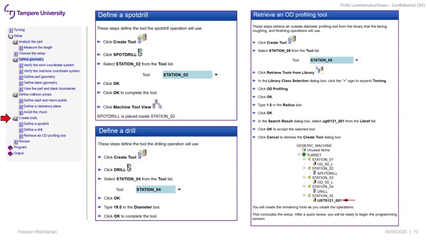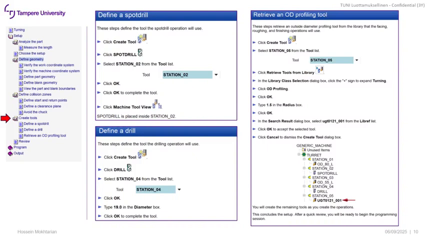When creating tools, you should define as much information as is needed for the software and for yourself to make sure there won't be any collision or wrong values. This information contains the geometry of the components, even the holder, which is very important, and the general dimensions, so that the software can detect any undesired collision.